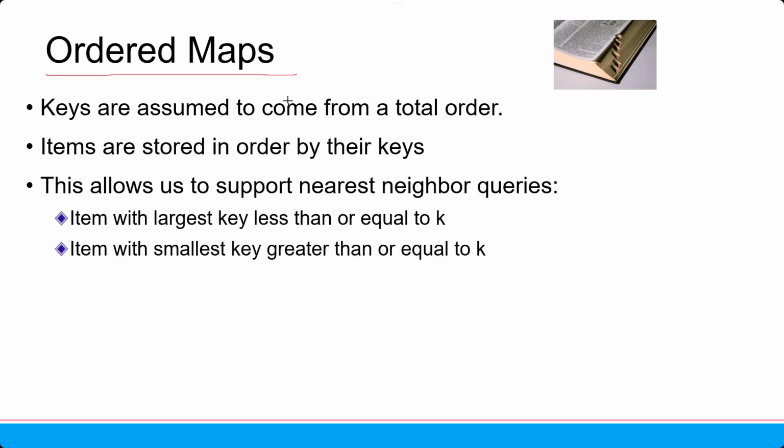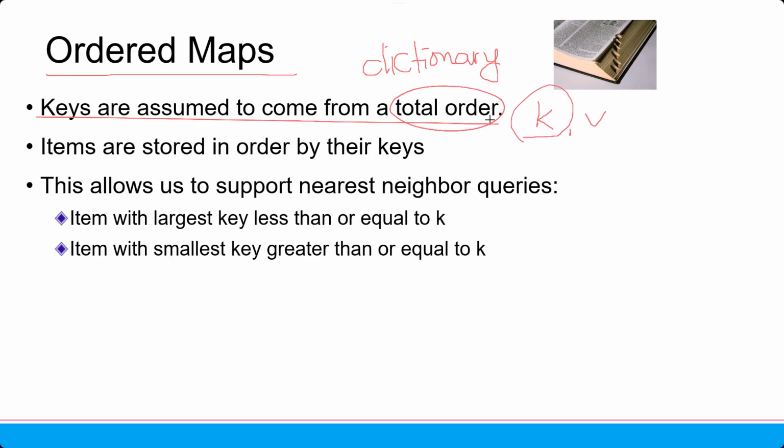So still we are using the map, but now we are assuming that the keys are from the total order. If you look at the dictionary that you learned in Python, the dictionary is only key and value, and the key is random, or the key is not in order.